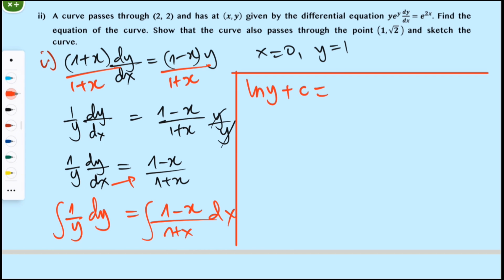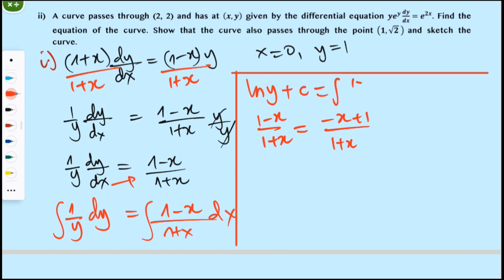And then on the right hand side, we have the integral of 1 minus x over 1 plus x, which can be rewritten as a term or a function with these partial fractions, right? So let's quickly get the partial fractions of 1 minus x over 1 plus x, like in the previous question. This is the same as negative x plus 1 over 1 plus x.